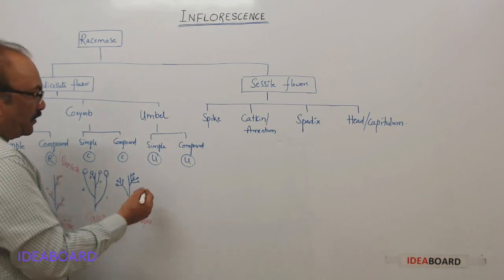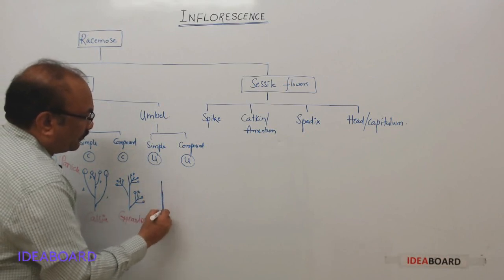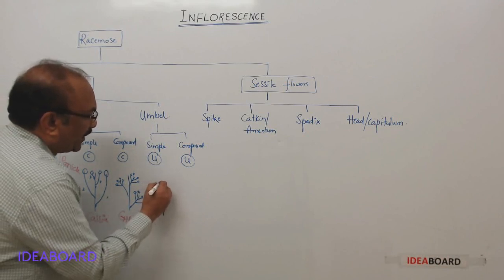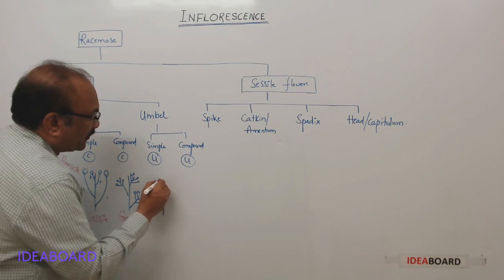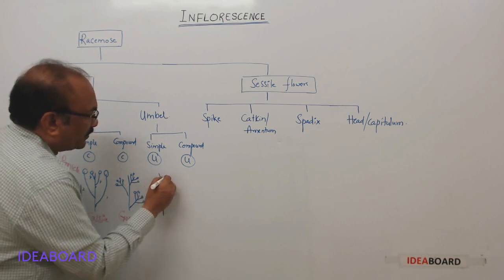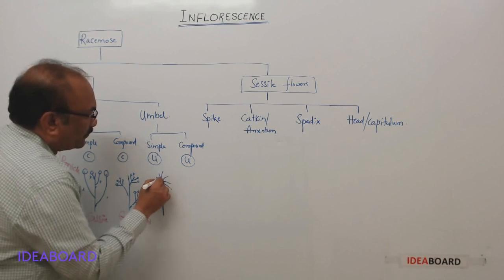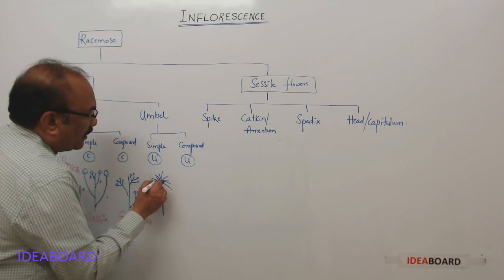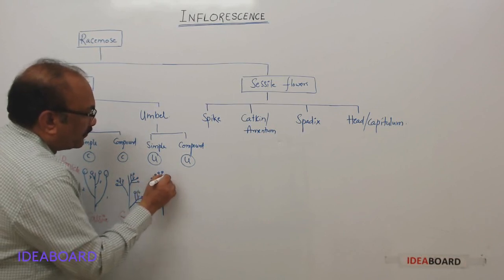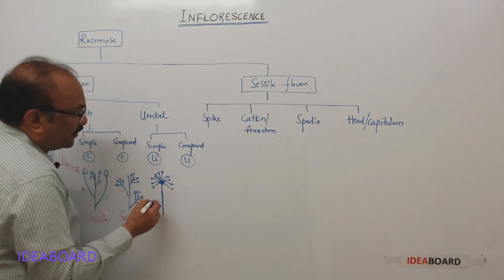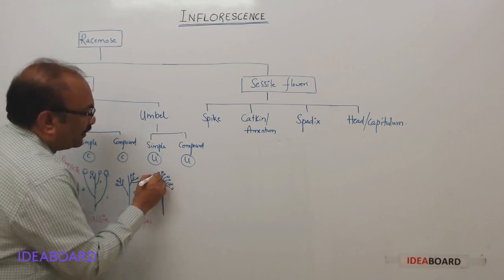And in umbel, you will find what? The peduncle will produce many bracts at its apex, and many flowers are formed in all directions. And the entire thing will appear like an umbrella. That's why this is called umbel.